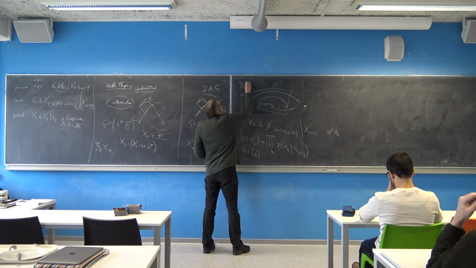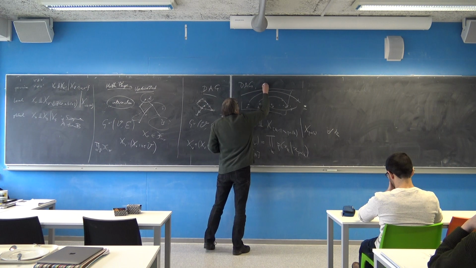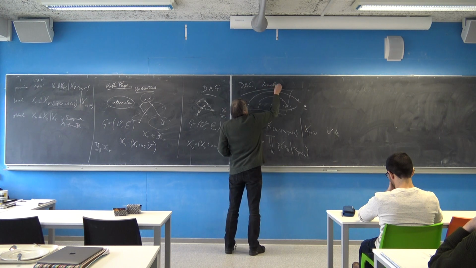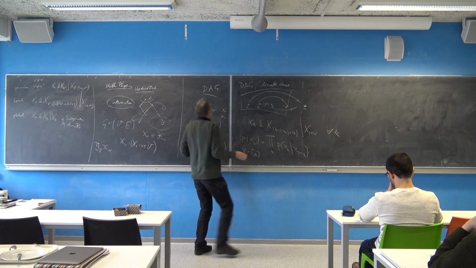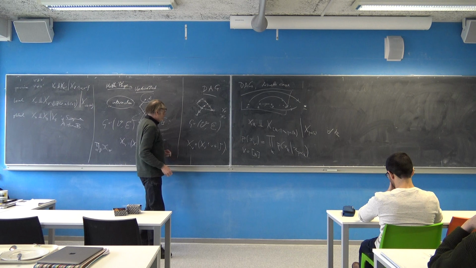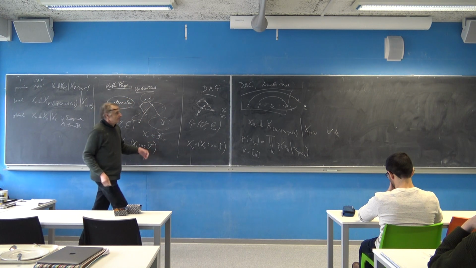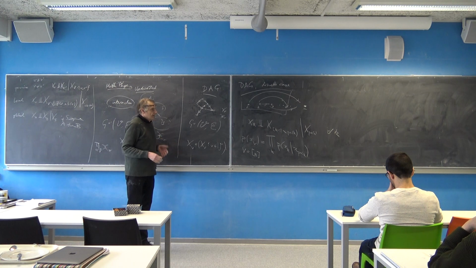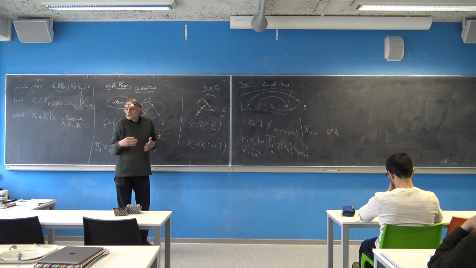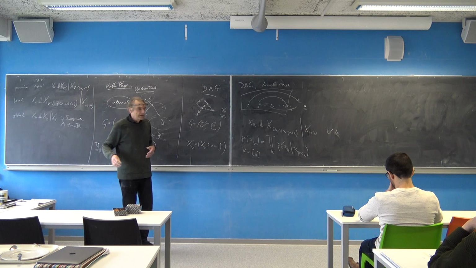So the DAG, say discrete case, make things easy. Suppose all these sets are finite. Then we just need to talk about the joint probabilities and the conditional probabilities of any variable given others.